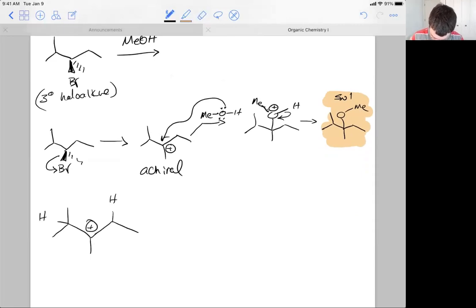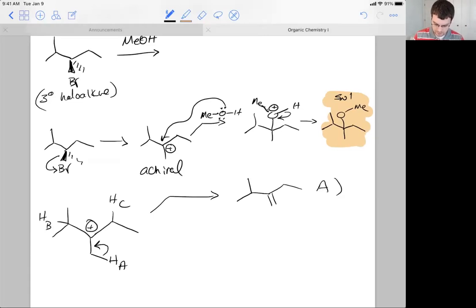Come on, man. So I'm going to go A, B, and then C. So for A, we lose the hydrogen, and the carbon-hydrogen electrons are moved down to make a carbon-carbon double bond that's facing, I guess, to the south in this case, to give us product A based on my labeling.